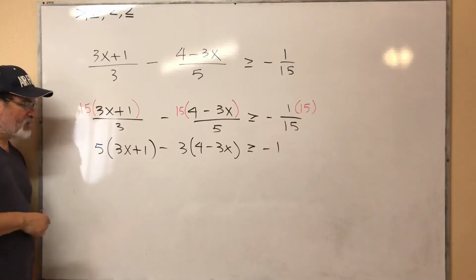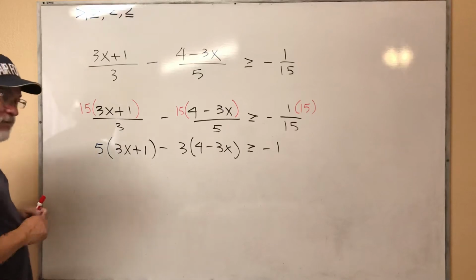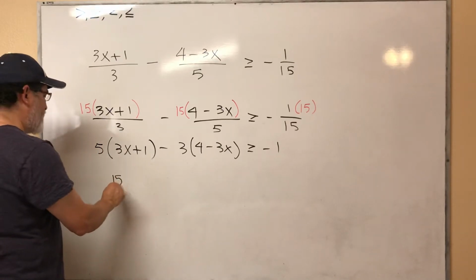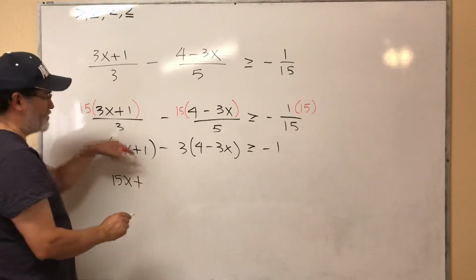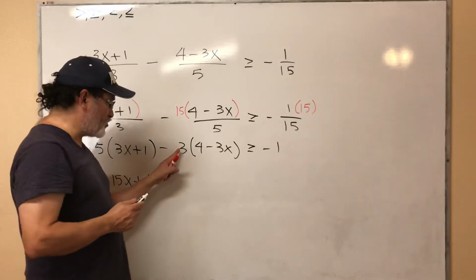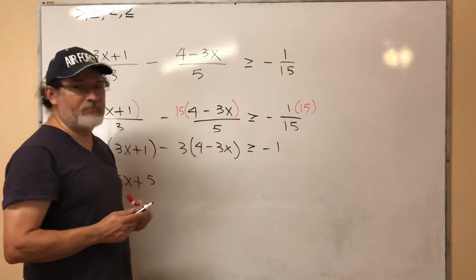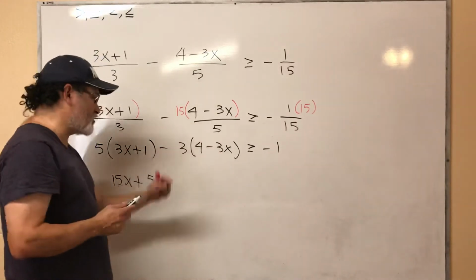Okay. So let's multiply the 5 into the parentheses. No problem. 15x plus 5. When you multiply this 3 inside, you're really multiplying 15 divided by 5. Yes, you are. And it's minus 3, by the way.